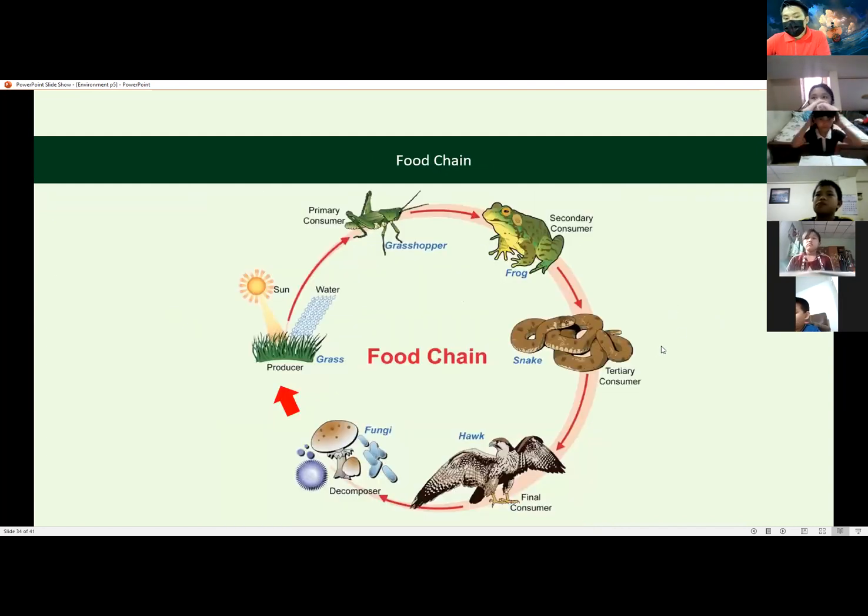I will show you the picture here. It starts from the producers, goes to the primary consumer, secondary consumer, tertiary consumer, final consumer or the apex predator, and then the decomposer. All right?